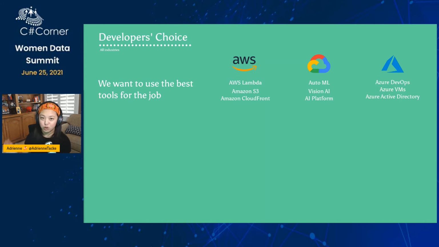Some people swear by AWS Lambda functions, or I actually like Azure functions, just like Anna was mentioning in her talk right before me. If it's anything dealing with machine learning or artificial intelligence, most people gravitate towards GCP's platform, because they just like working with it, and it has either the most data or it works the best for what they want. But that's not to say that those are the de facto standards.